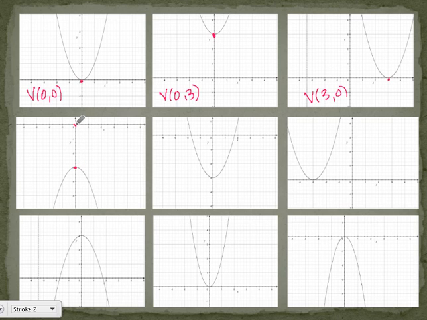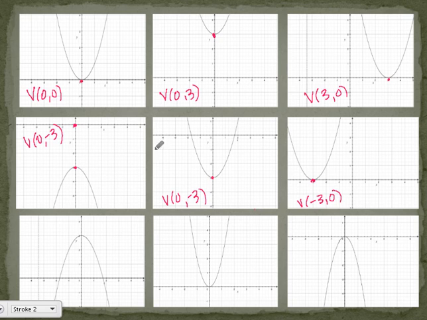In this case, here's our origin right here. This red dot is the origin, and we're down here below the origin. So our vertex in this case represents 0, -3. In this case, our vertex is also 0, -3. In this case, our vertex is -3, 0.